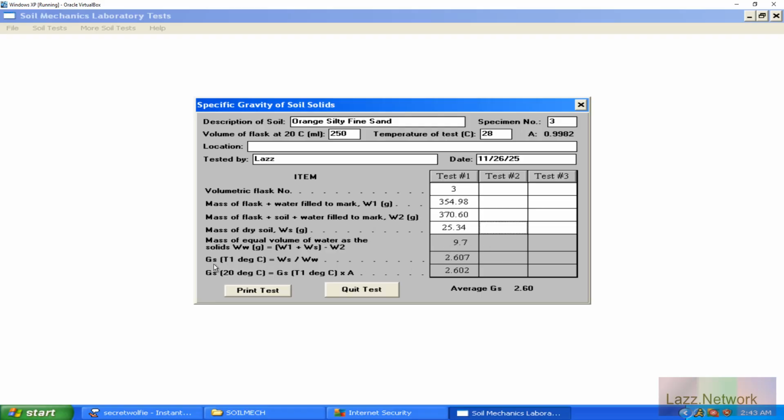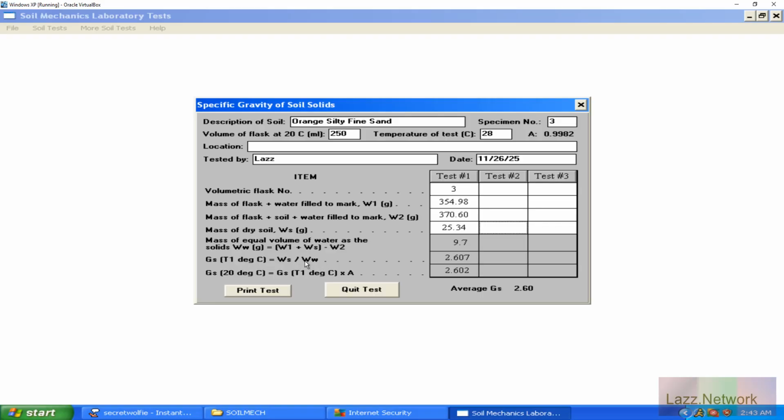And then here we got our specific gravity in itself for T1 for degrees Celsius. And that's just going to be your WS divided by your WW.